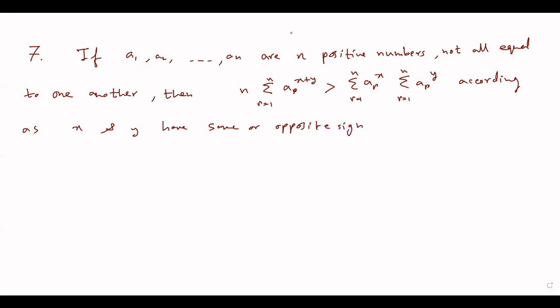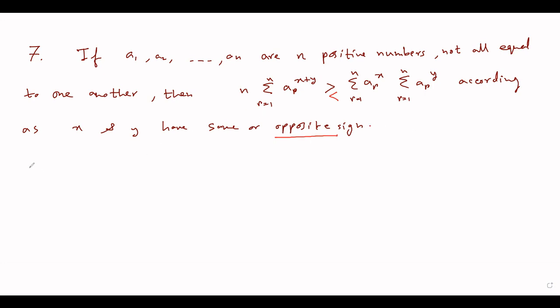So there is a dependence on x and y being same sign or opposite sign, and depending on that, we are going to have two different versions of the inequality, and the other version is this. So when they are of same sign, we're going to get greater than, but when they are of opposite sign, we're going to get less than.